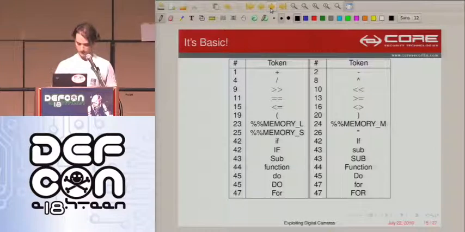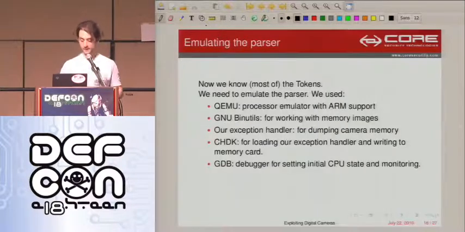Maybe it's familiar to you. These are BASIC tokens, so this language is BASIC. Now we know that every camera has a BASIC interpreter inside, but we don't have the grammatical structure. There can be millions of variations of BASIC, so for that, we should build an emulator.